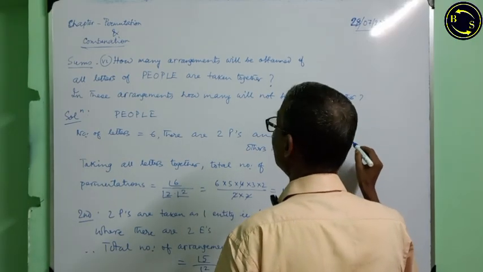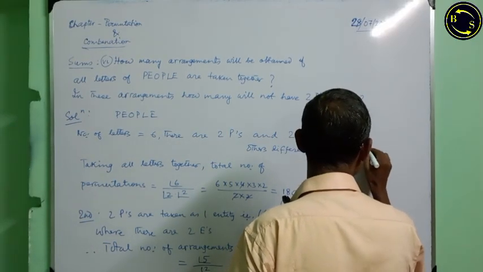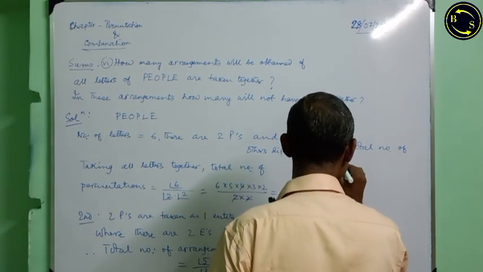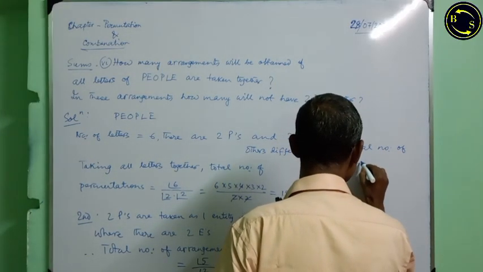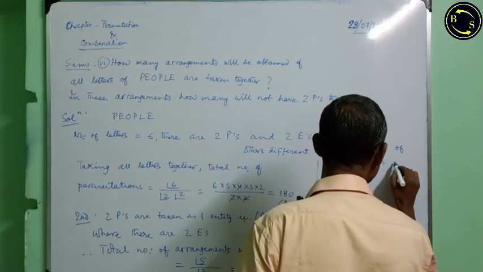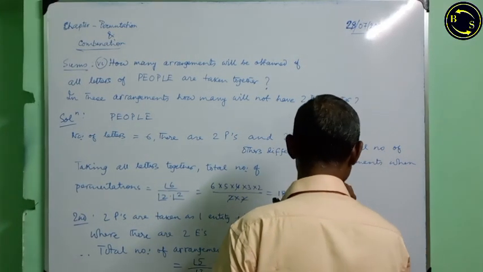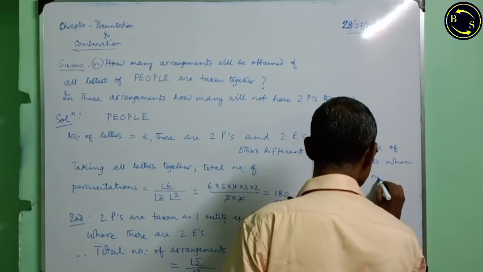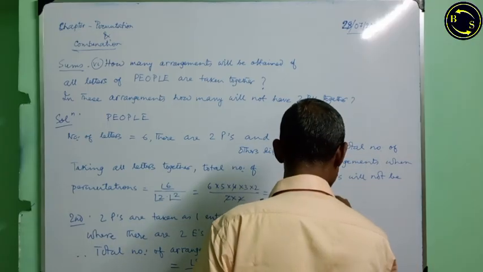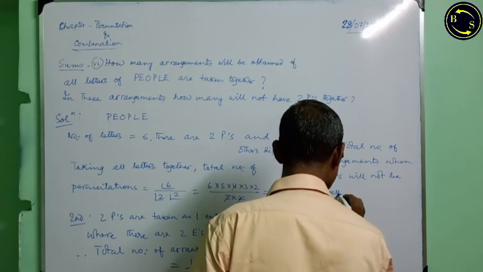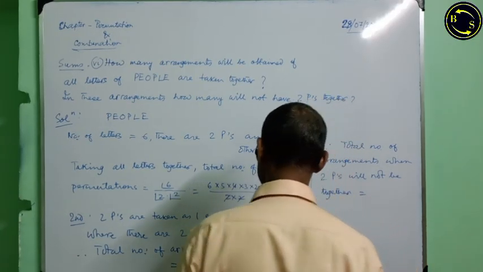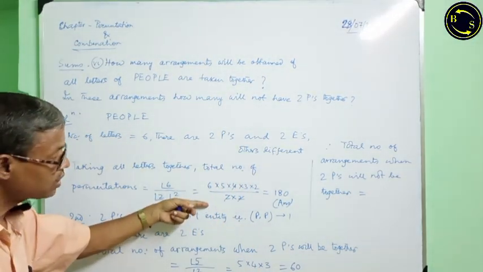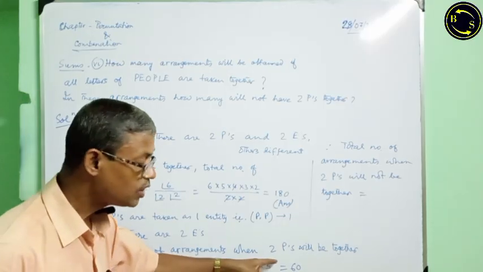Therefore, the total number of arrangements when 2 P's will not be together is equal to the total number of permutations without restriction minus this one.